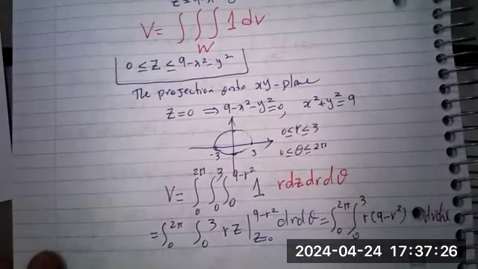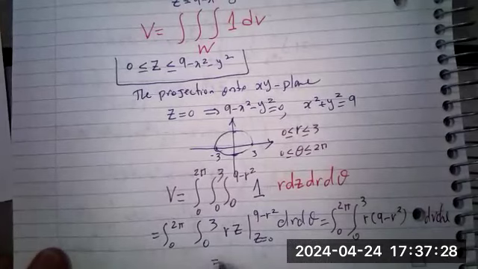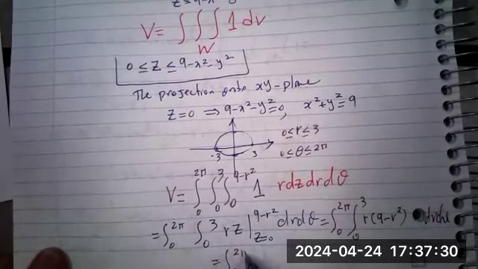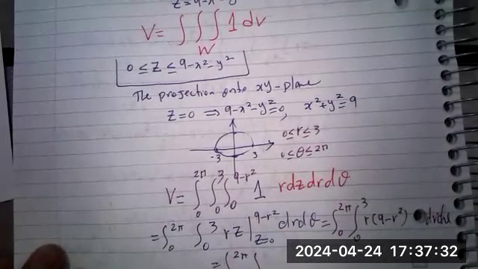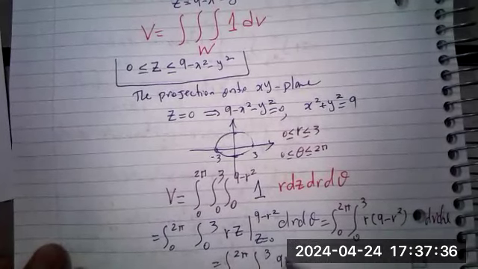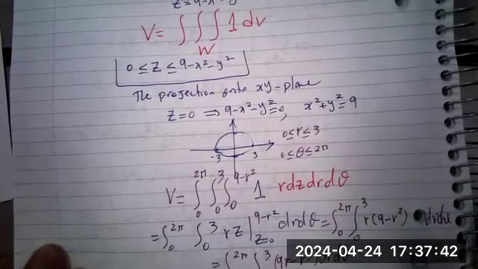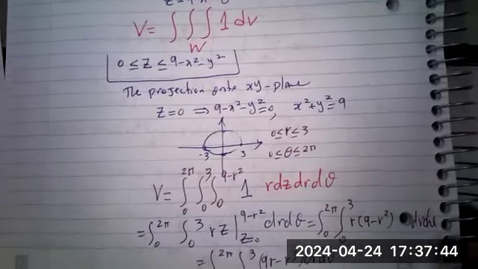You multiply and you integrate. So you end up with 0 to 2 pi, 0 to 3, the integral of 9r minus r cubed, dr dθ. Easily we can integrate it.